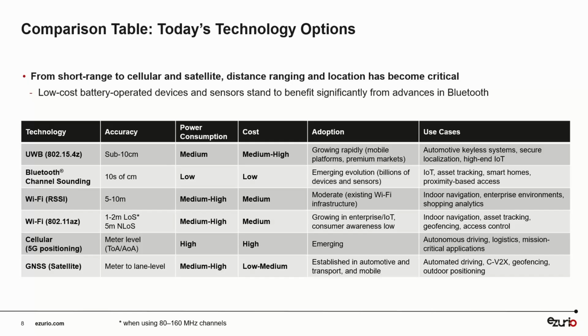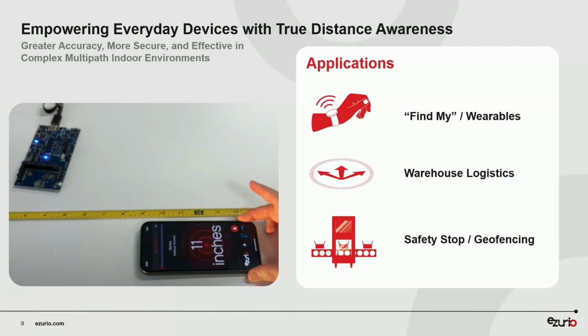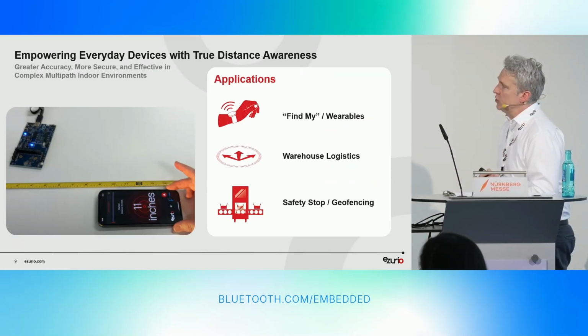In my opinion, it doesn't replace UWB. If you need sub 10 centimeters, at the moment, UWB is your go-to. But if you want low power, size and cost-sensitive devices, Bluetooth LE utilizing channel sounding is a very good approach for your end use and product. Such as wearables, logistics devices, access control environments, lots of everyday use cases that don't need specialized infrastructure or hardware to have true distance awareness.